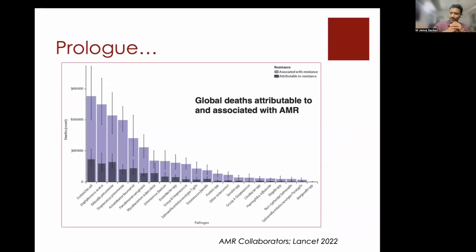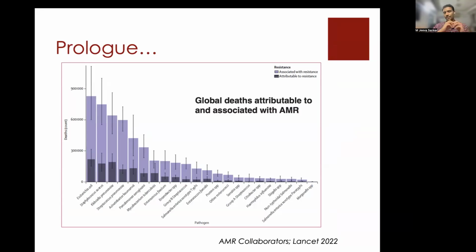This is actually an elegant article. Those who are interested in sepsis and antimicrobial resistance should read it. It was published by the AIIMS Antimicrobial Resistance Collaborator Group in the Lancet in 2022. These are global deaths.